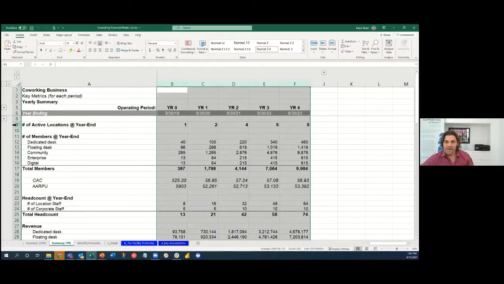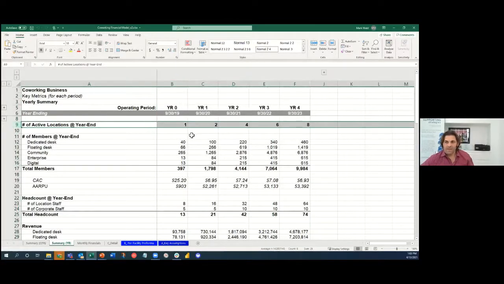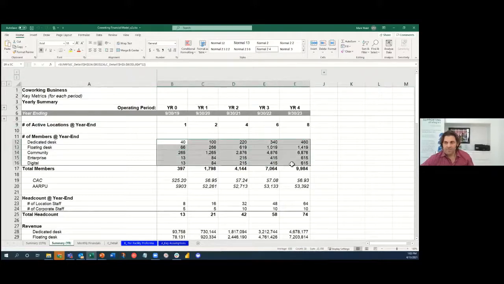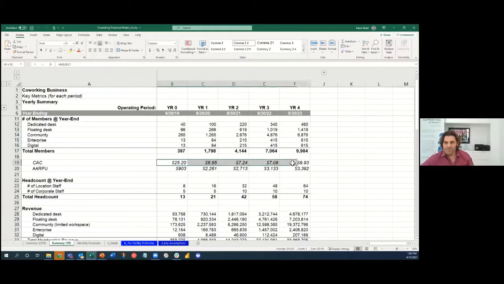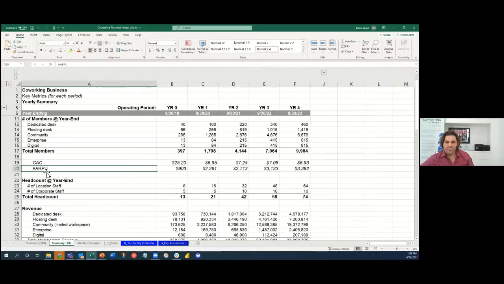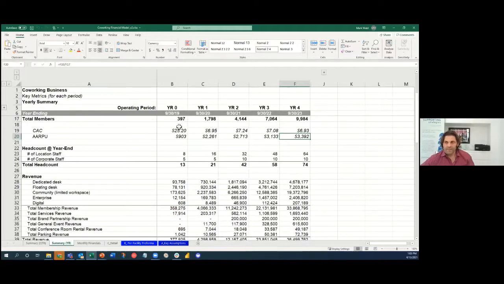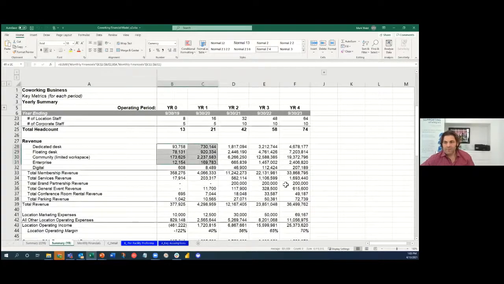And here are the KPIs: how many locations the business intends to launch over this time horizon, how many paying members are going to be generating revenue, what the cost per acquisition is per member, and ARPU, which stands for average annual revenue per user. So on average, the business is expecting that people are going to be paying this much per person. Then staffing headcount, and then here we talk about the financial performance.